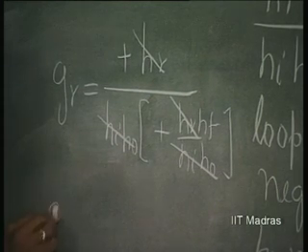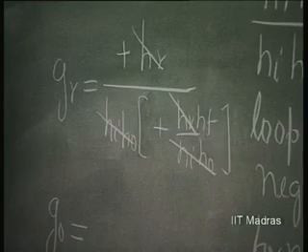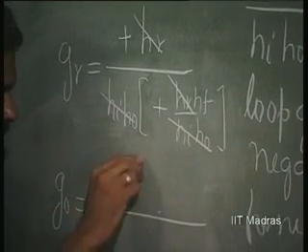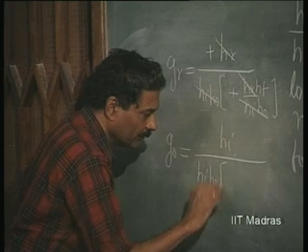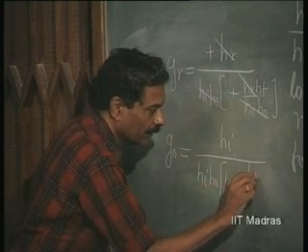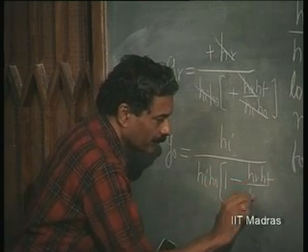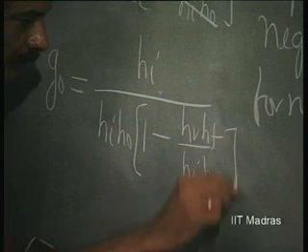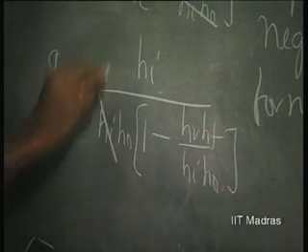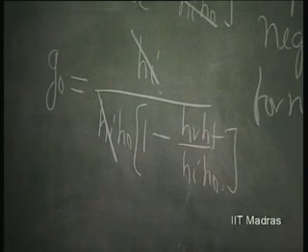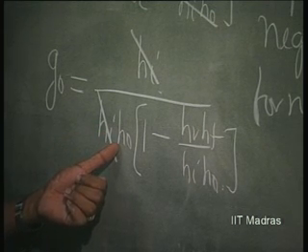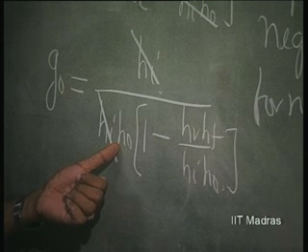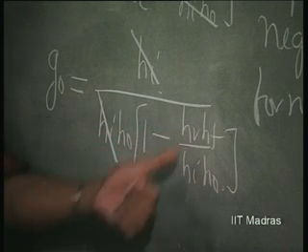Then G naught, the other parameter, is equal to HI by HI H naught into 1 minus HR HF by HI H naught. So, once again you can see that H naught is the output conductance originally before feedback, and it is going to improve by H naught into 1 minus HR HF by HI H naught.